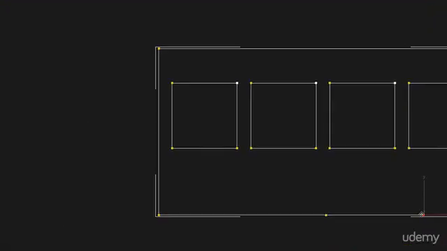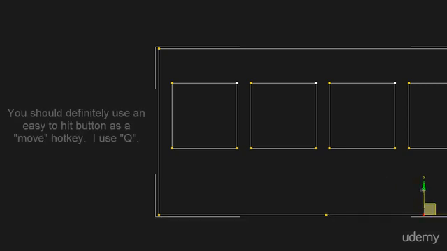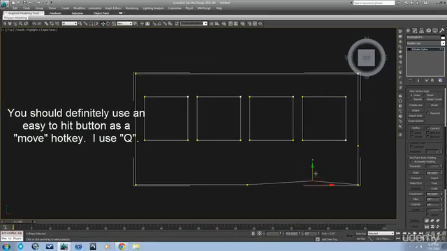So now if you want to move that, I guess I should actually explain gizmos at this time too, and I should probably turn mine on. So when you first start Max, it's probably best to use these gizmos. So when you're moving things, if you select up here near the Y, it'll only move in the Y direction. If you select here near the X, it'll only move in the X direction.